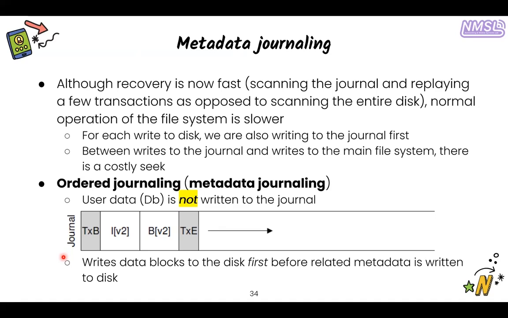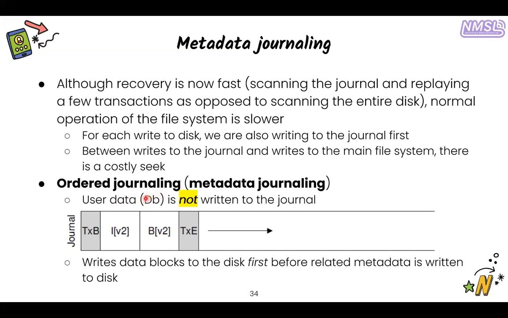So people thought, okay, because between writes to the journal and writes to the main file system, there's a costly seek. So the new idea is something called metadata journaling or ordered journaling. Here, the actual user data is not written to the journal.